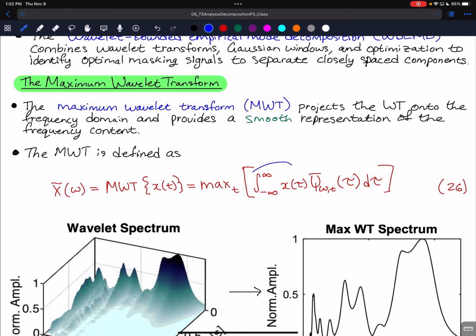And everything inside that square bracket is simply the continuous wavelet transform.